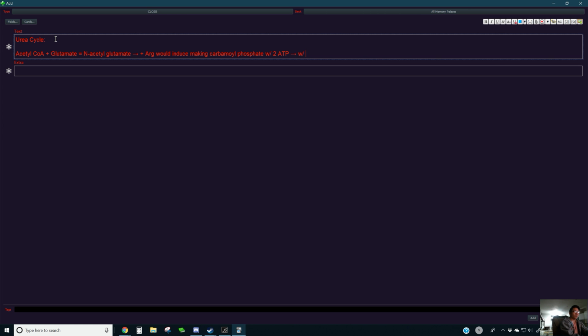Okay, so with ornithine from the urea cycle, we make citrulline. In the cytosol, citrulline with aspartate will make argininosuccinate.